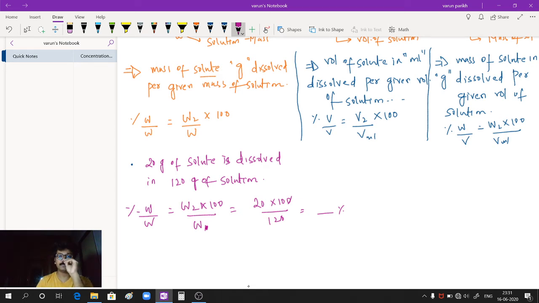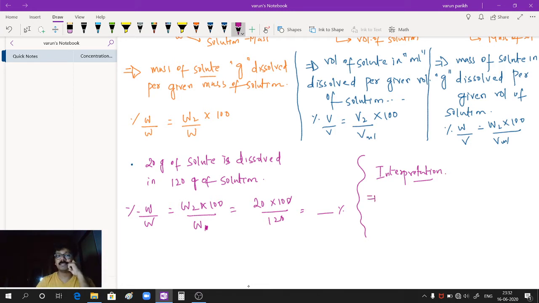The same way you can go for volume percentage and mass by volume percentage. One thing is important for all three: the interpretation of the statement. Generally nobody asks numericals on these, but they ask numericals of molarity and molality where the given is a percentage solution.